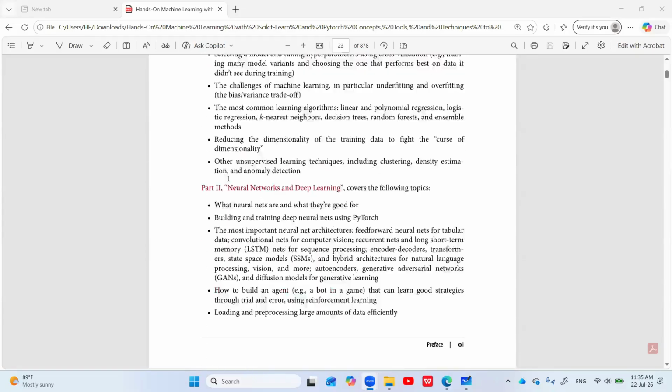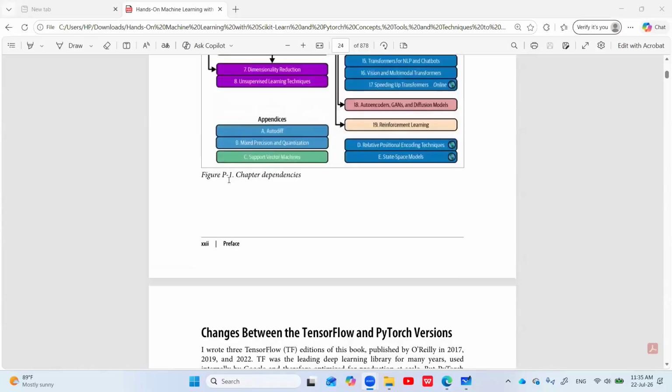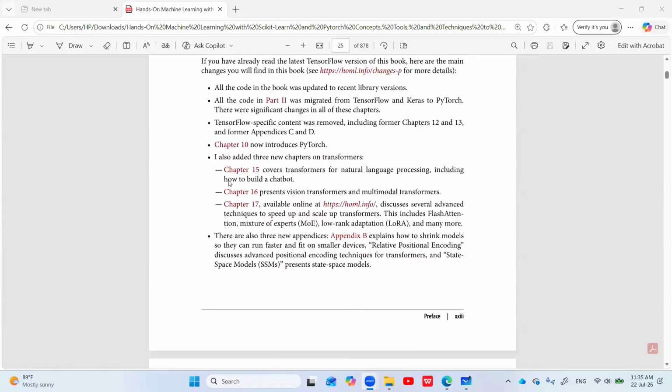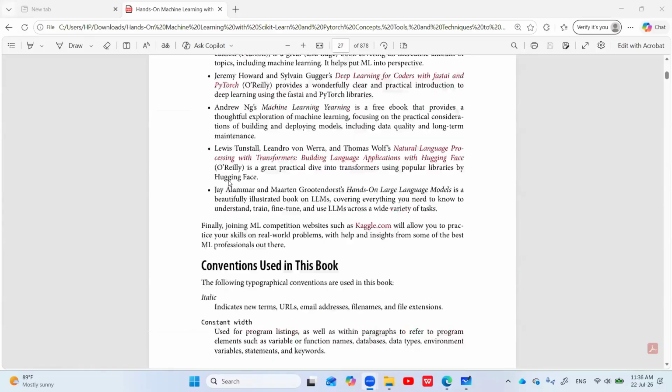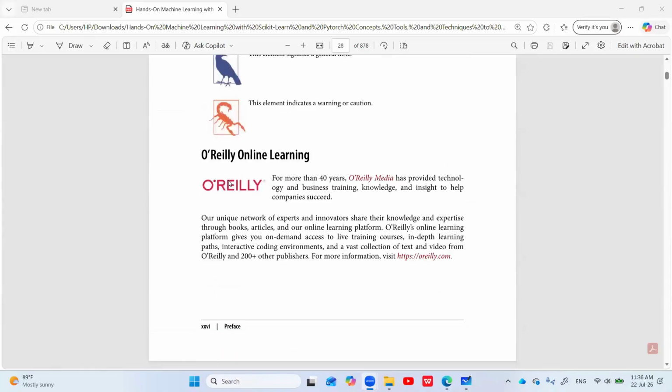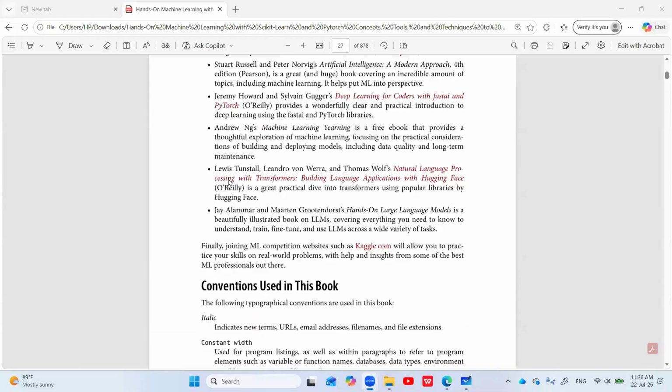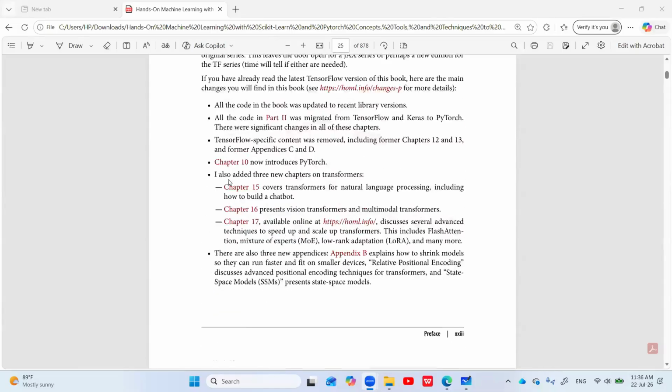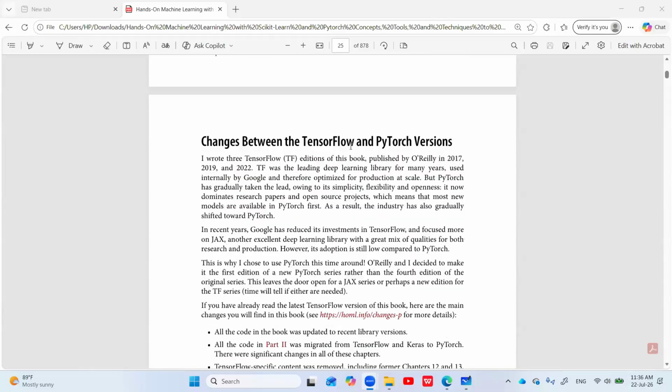This roadmap I also don't want to explain. Now, this book was previously written using the TensorFlow tool, and TensorFlow is a Python framework. Now in this book, it is written in PyTorch.